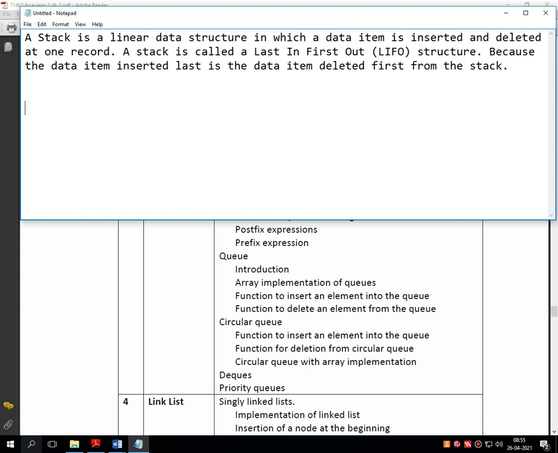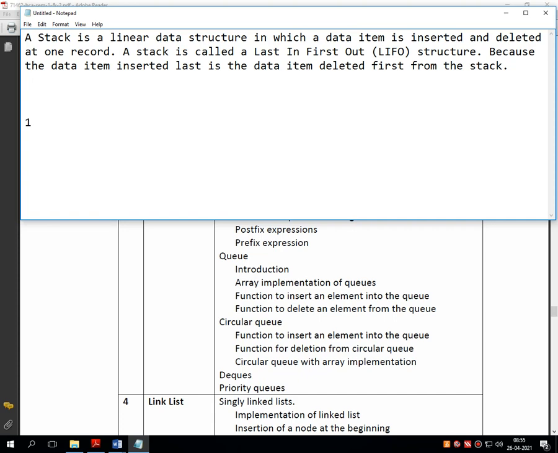For example, suppose in a stack we are inserting 1, then we are inserting 2, then suppose we are inserting 3. The last data that I have inserted, which is 3, should be executed first. Again let me take the example.